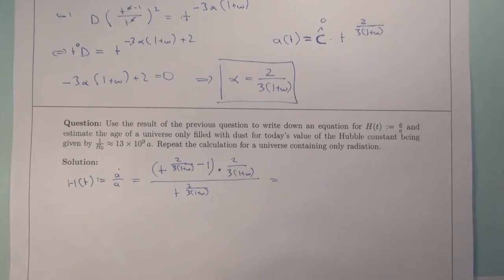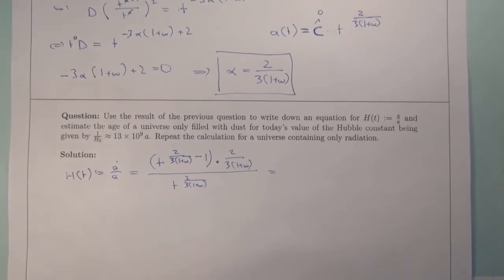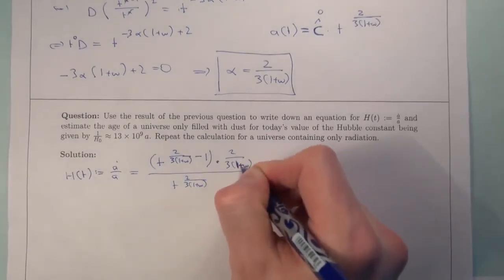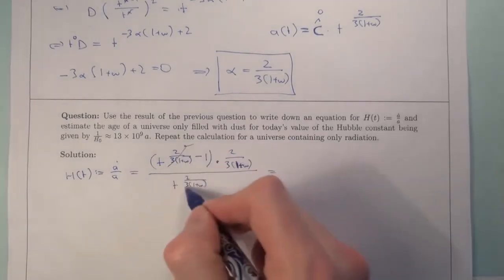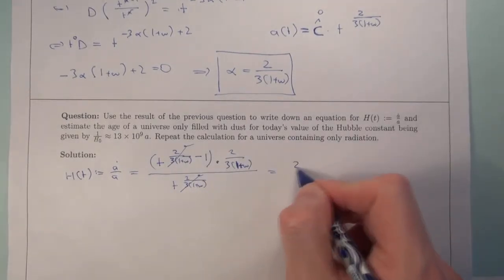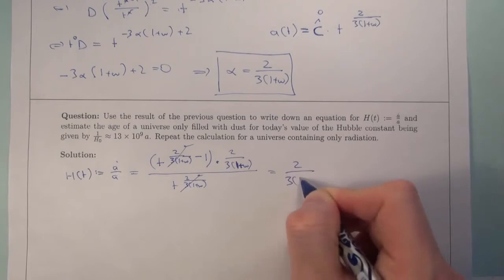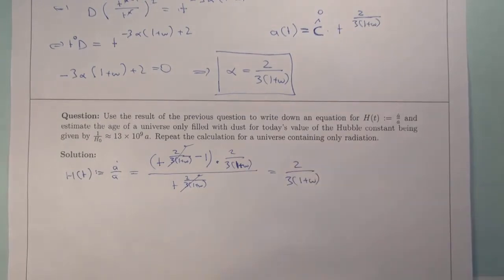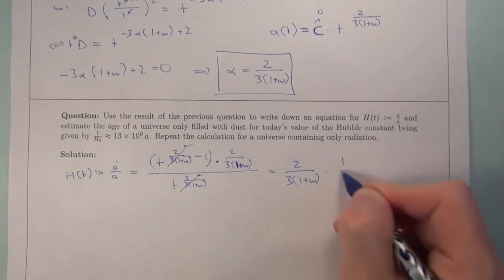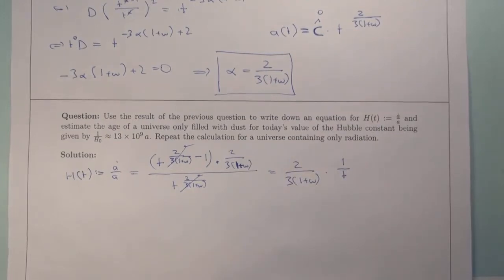Okay, now we cancel everything that can be cancelled. Here's 1 plus, so this one goes against this one. So what's left is 2 over 3 times 1 plus omega times 1 over t. That's all that's left.